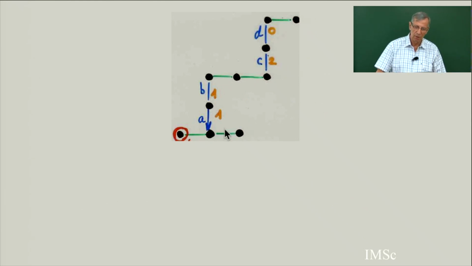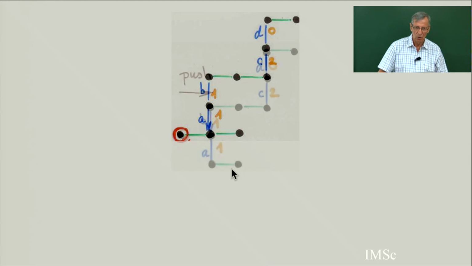Once I have made this gliding of the portion, then the algorithm is push gliding. I am going to push this, so that it goes like this.